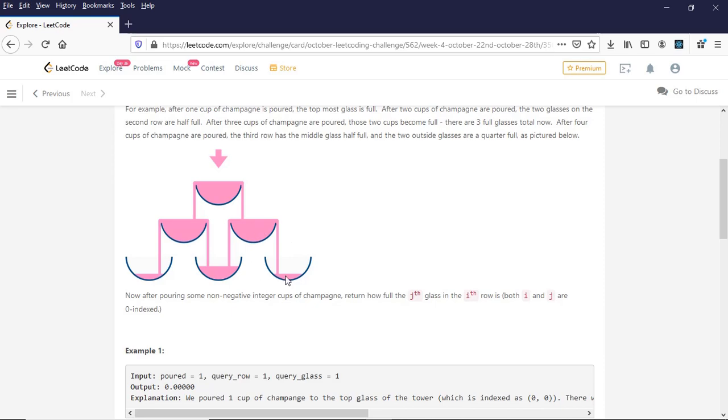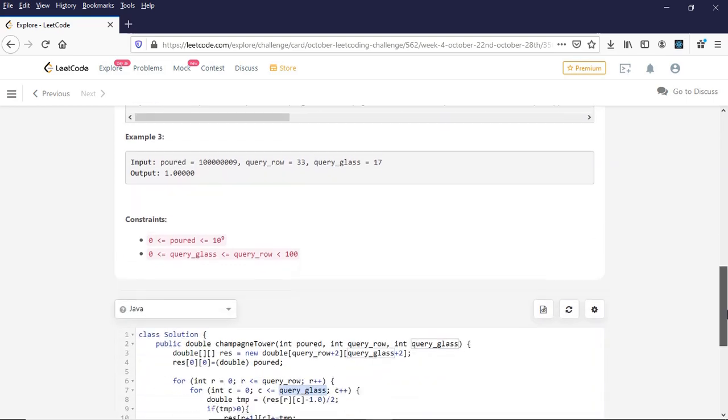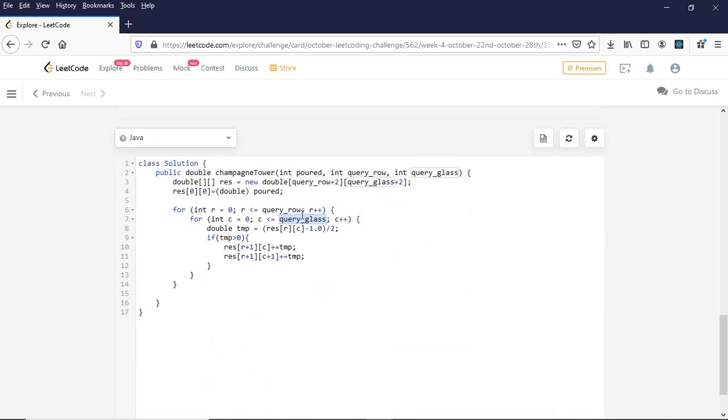So if this is the third column, the value will come only from the second column or the third column, so it won't go more than that. That's why we are going till query glass plus 1, so it can only have one extra column, which will be the max column. That is the optimization that we are doing here.